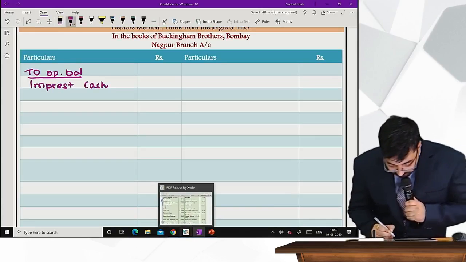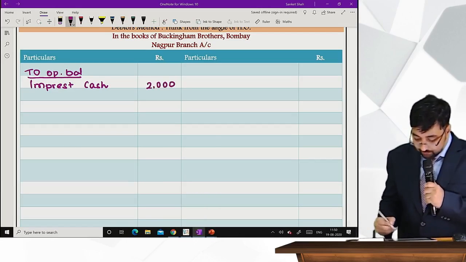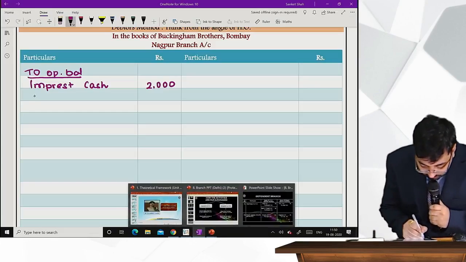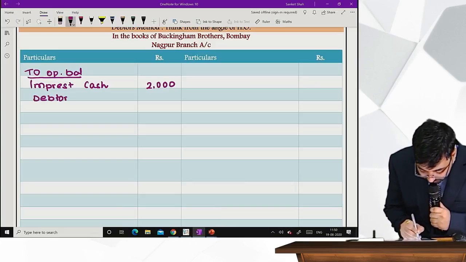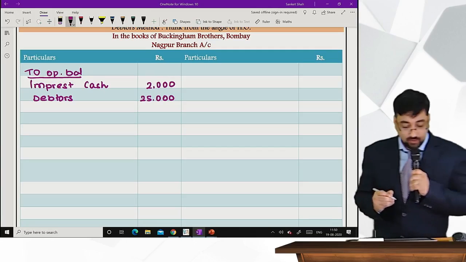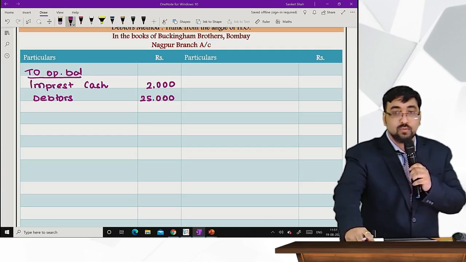What is the imprest cash balance? 2000. Then you have debtors, 25,000.